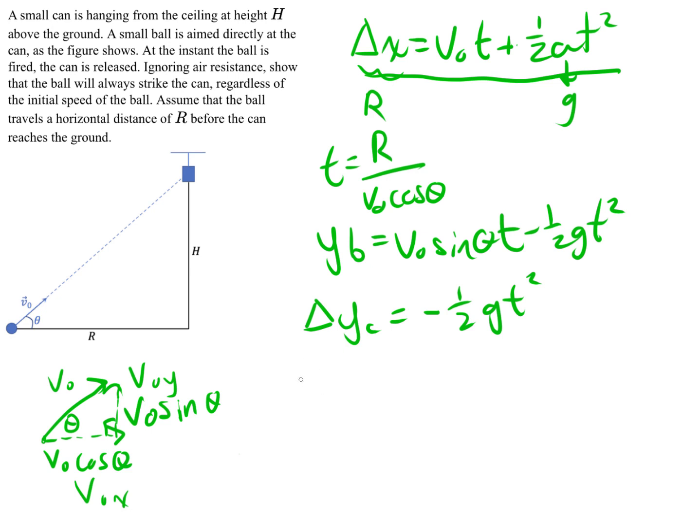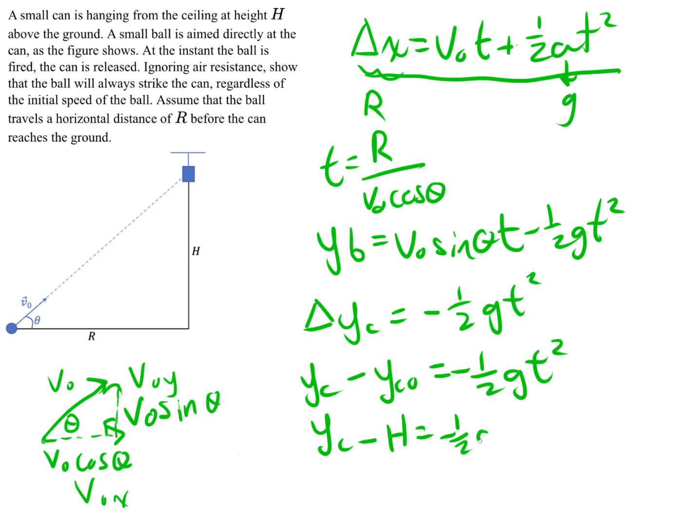Now we can replace this again with the position of the can at any given moment minus the initial position of the can. That is equal to minus 1/2 gt squared. The initial position of the can is h. It starts at a height h above the ground. So the position of the can minus the height is equal to minus 1/2 gt squared, and that is at any given moment.